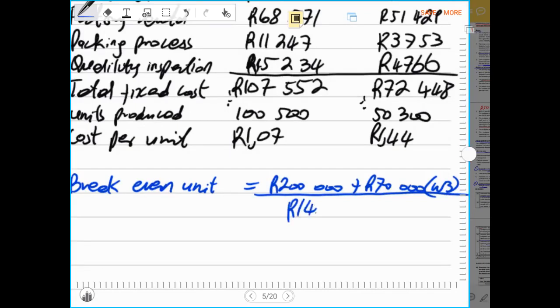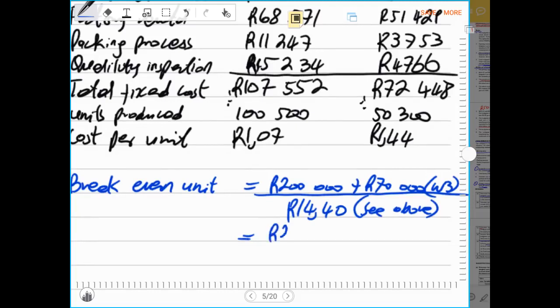So I divide this by contribution per unit, and I have to say C above, because the 14 rand 40 cents is just above. So the examiner has to know where the figures are coming from. So that is C above. Now after that, I can go forward to the calculation of my break-even point.